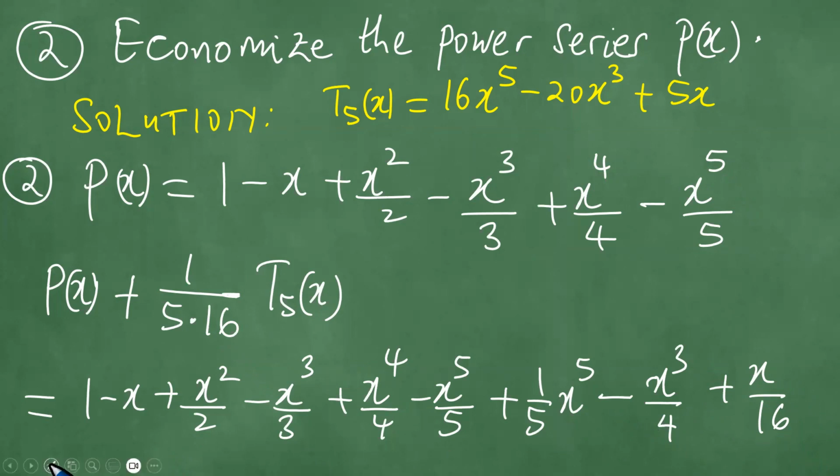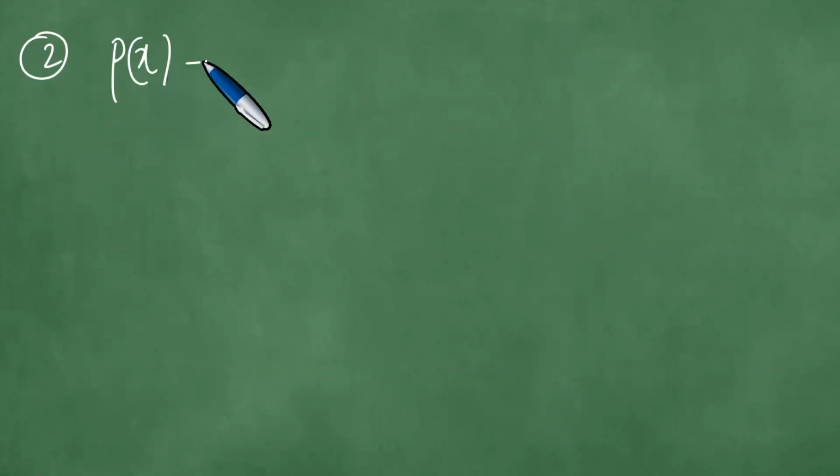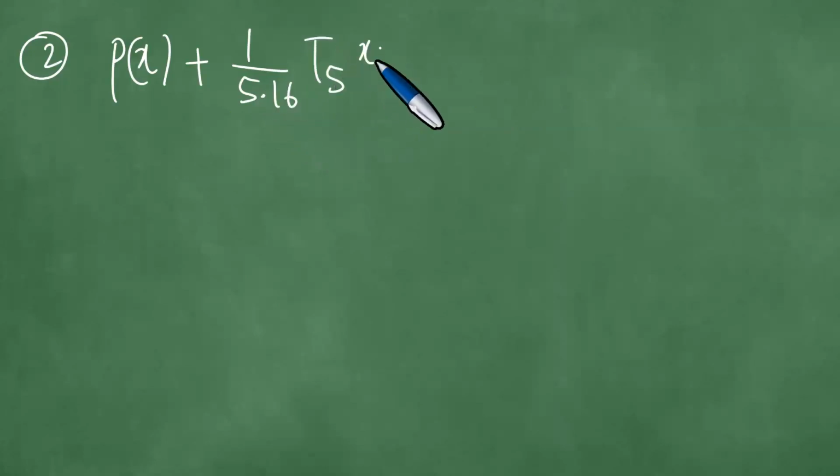Okay, so we continue right now to analyze this with a specific focus on P of x plus 1 out of 5 by 16 times the Chebyshev polynomial of the 5th degree.